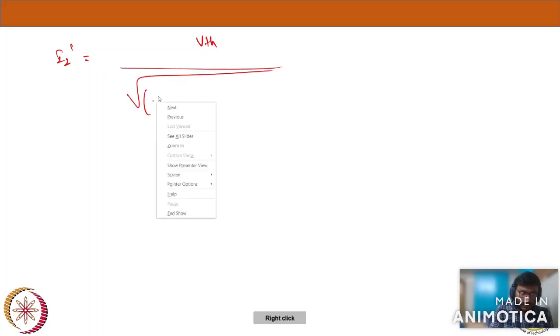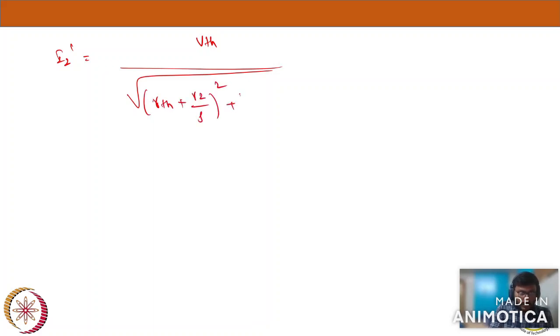Anyway, in the Thevenin's case, you can just calculate the rotor side circuit, that is I2 dash, because I2 dash is the current referred to primary. It's nothing but VTH, the total input voltage, divided by the square root of (RTH plus R2 dash by s) whole square plus (XTH plus X2 dash) whole square.